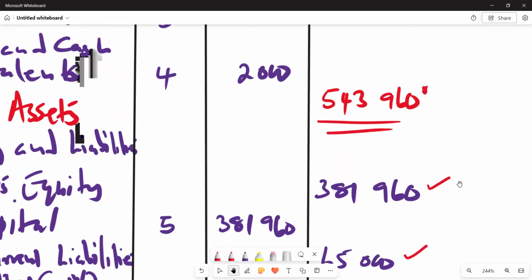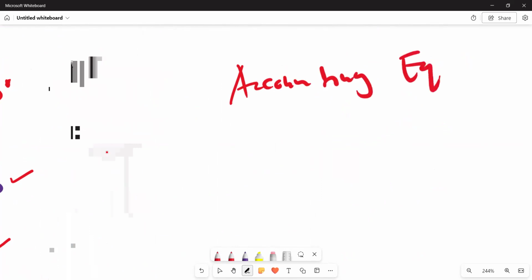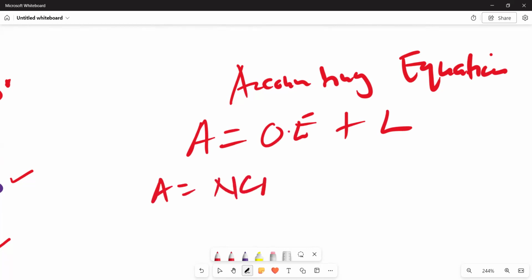So remember, the balance sheet, our statement of financial position, we prepare it according to the accounting equation. We try to abide by the accounting equation when we prepare the balance sheet. And it says assets is equal to owner's equity plus liabilities. So this is exactly what we have done. For assets, we get assets by saying non-current assets plus current assets.